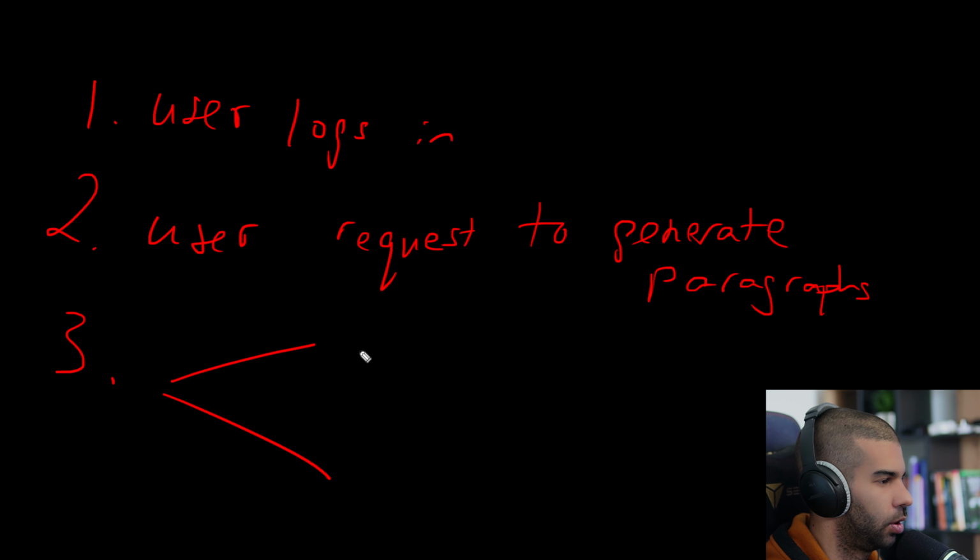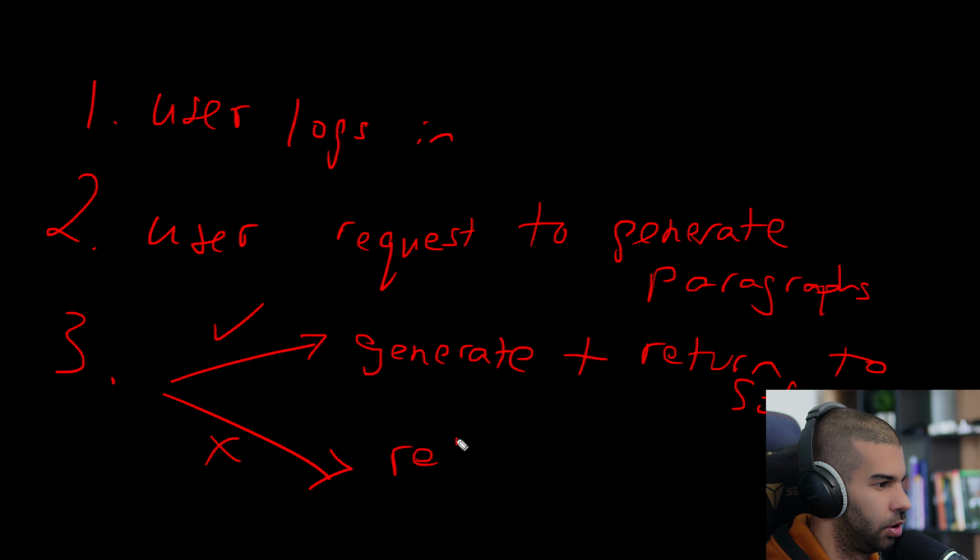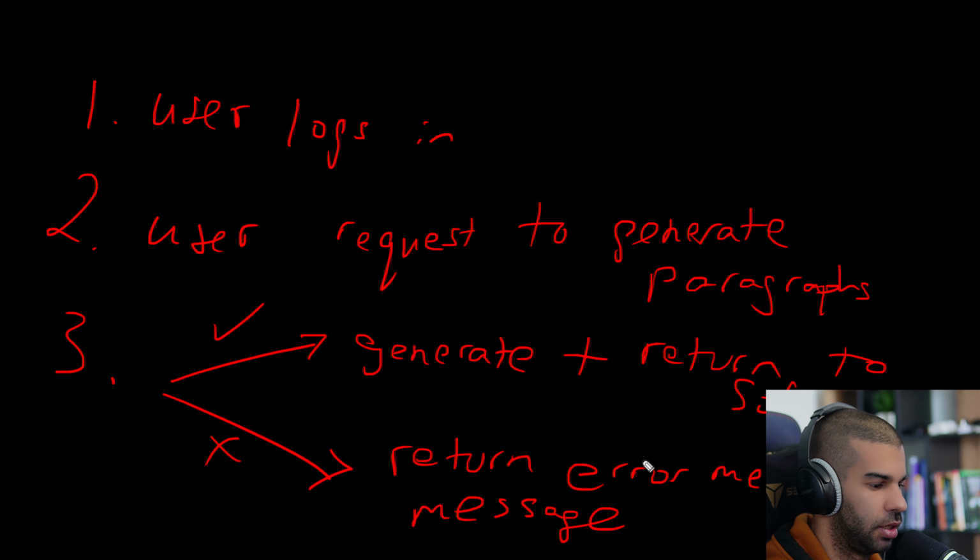Either we actually generate the paragraph and return the data to the user in Softr. Alternatively, if the user has exceeded the number of paragraphs they can generate, we return an error message. The error message would be something like, you have exceeded your requests, please subscribe, right? So those are the possible paths.